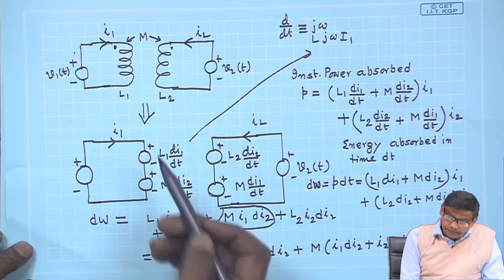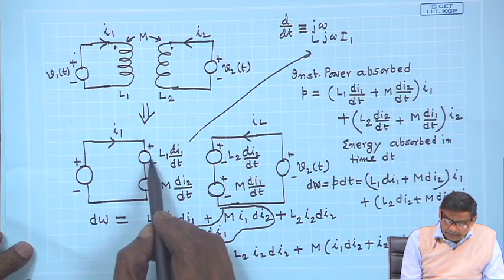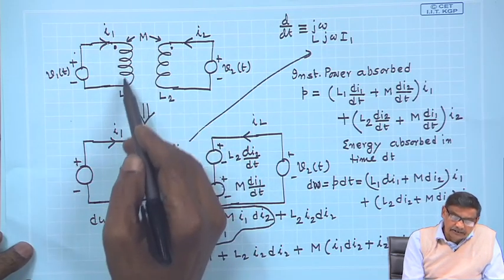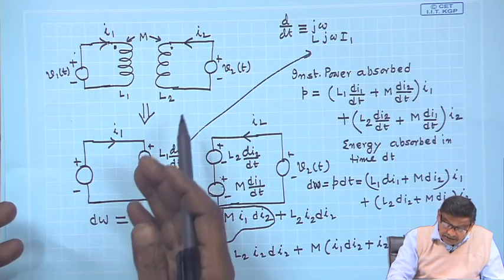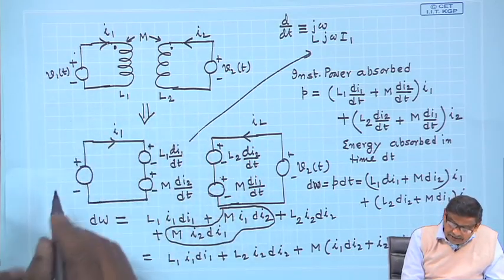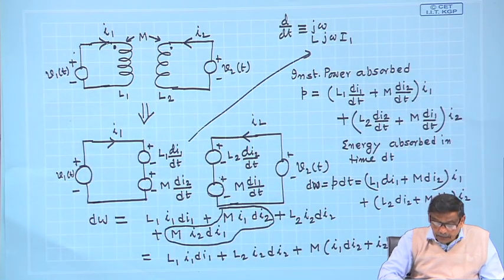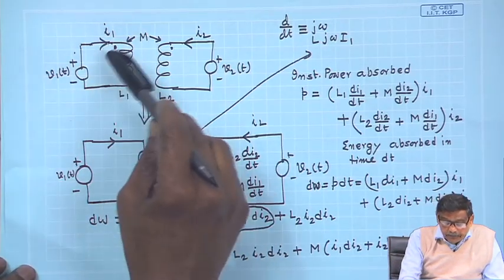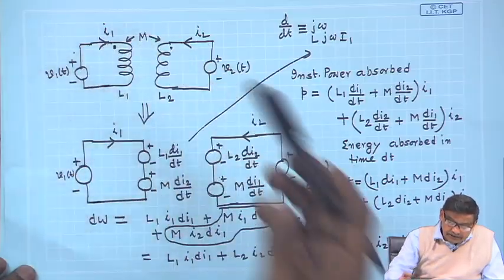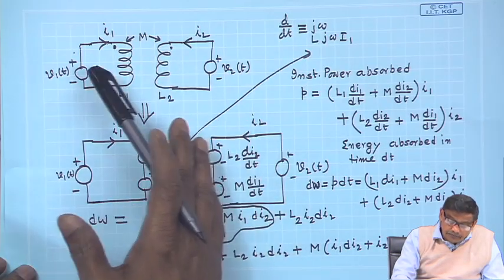And how to get that? Whenever a coil is there, it can be represented by 2 sources. After all, flux linking is also taking place in the coil, N d phi dt. So, some voltage is induced in the coil. This voltage is being balanced by the supply voltage. But when it is mutually coupled coils, I1, wherever it is entering, irrespective of the dot, plus will be on the side I1 is entering, that we know, L1 dI1 dt. Now, here comes the importance of the dot.